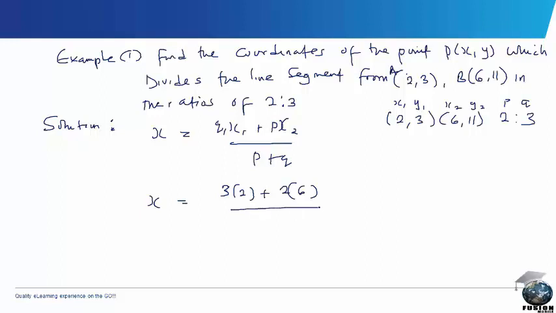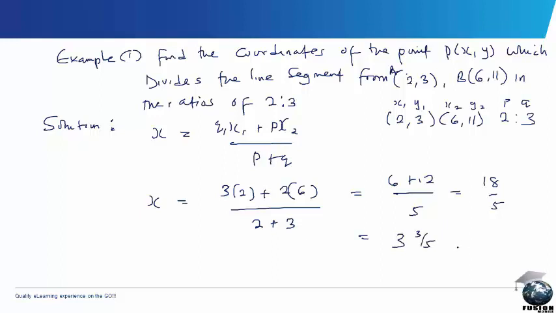Alright, and then p plus q is 2 plus 3, okay, which gives us 3 times 2 is 6, 2 times 6 is 12, and then this gives 18 over 5. Alright, and that gives us 18 divided by 5 gives 3 whole number, 3 over 5.